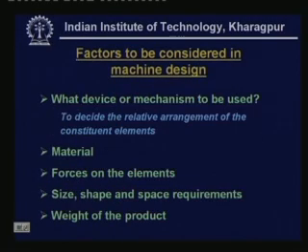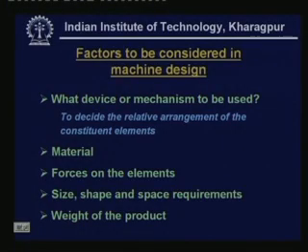So, all these points written over here, let us have a quick recapitulation. Somehow or other this has been spelled out in this lecture at the earlier stages, but now let us look into it categorically. First of all, what device or mechanism to be used?